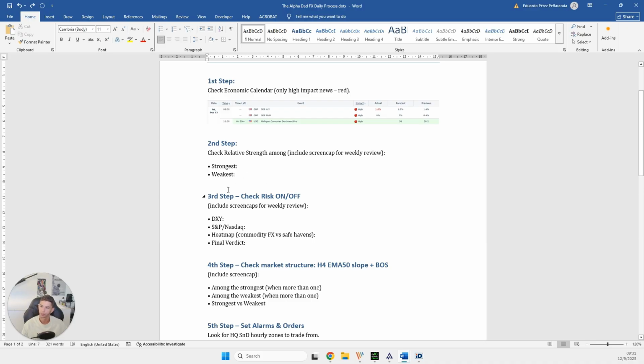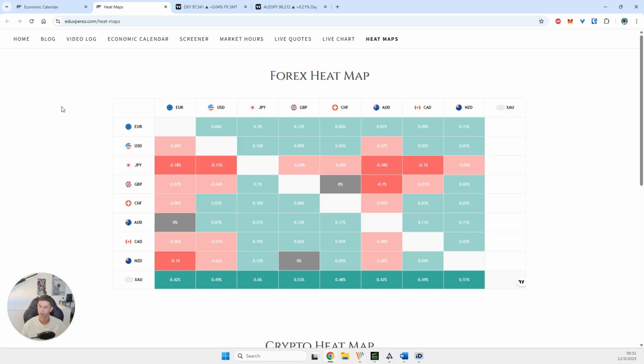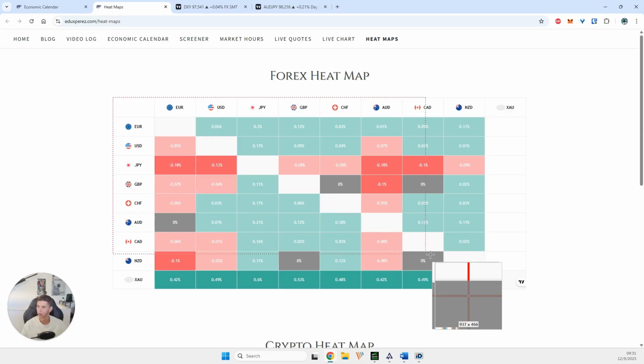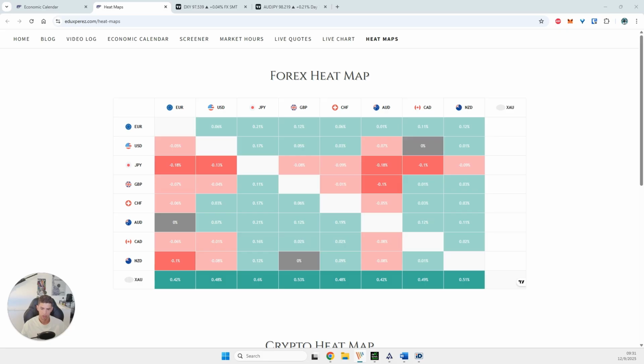Okay. Now we're gonna see the strongest versus the weakest on the relative strength analysis. What do we have here? Finally, we saw the dollar drifting and melting yesterday. Today it doesn't seem that weak, but we definitely have the JPY very weak, and we have gold very strong.